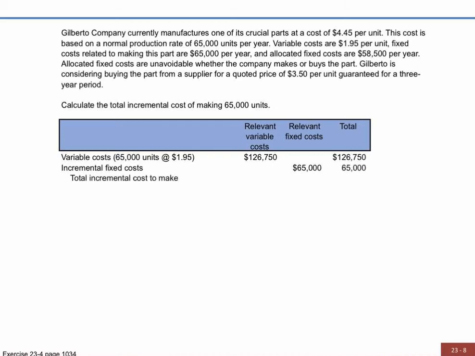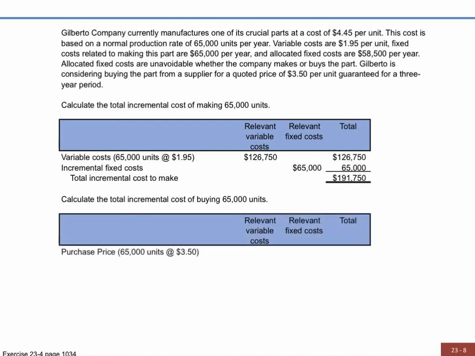So the total incremental cost that we have to make this is going to be 191,750 to make those 65,000 units in-house. And then the calculation for purchasing 65,000 units is going to be that $3.50 times the 65,000 units. So here, 227,500. And then the total incremental cost to buy is going to be 227,500.